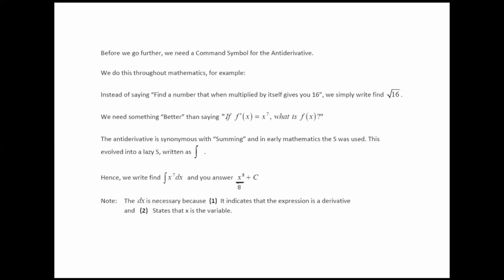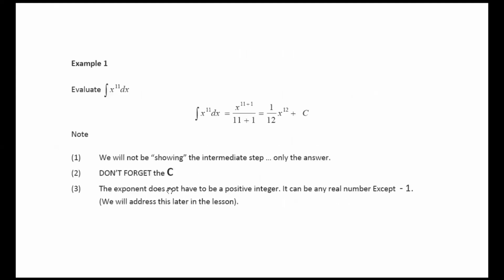If it's dy, it indicates that y is in play. So it's very important. It serves a number of purposes. So you want to write it as the lazy s, your function, dx, or whatever the variable happens to be.